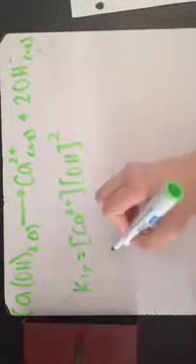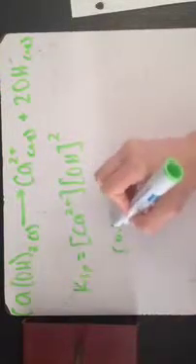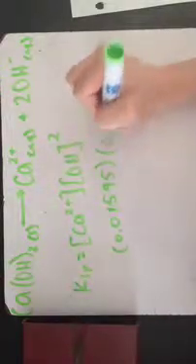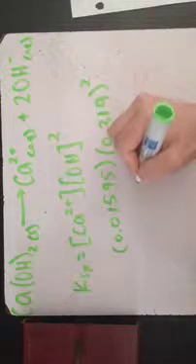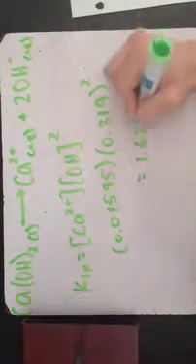So if you plug in the numbers that we just found, you have 0.01595 times 0.0319 squared. And when you put that into your calculator, you get 1.62 because of sig figs times 10 to the negative 5. And Ksp doesn't have units, so that is your answer.